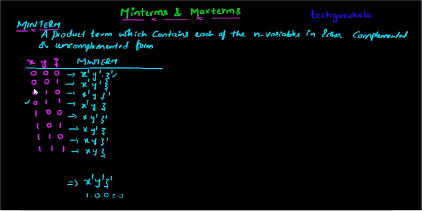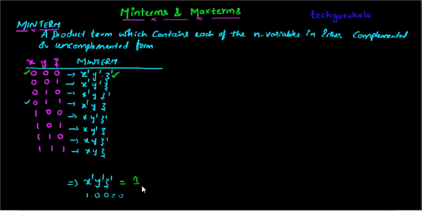And if you observe, for all the combinations, this particular term will have its resultant value as 1 only for this particular combination. For the rest of the combinations, the resultant value will be 0. That is the basic fundamental thing we need to understand from minterms.